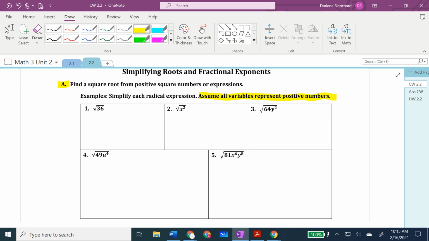So I think you guys can do number one. Number one, what is the square root of 36? Type that in chat. Now, as long as x is a positive number, if I square it and then I square root it, what is it?